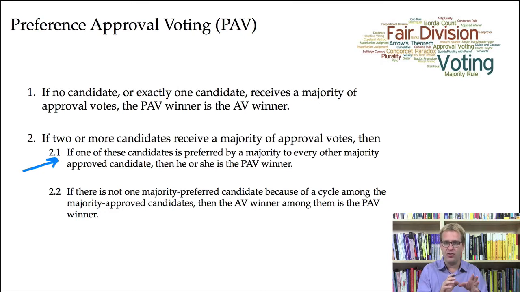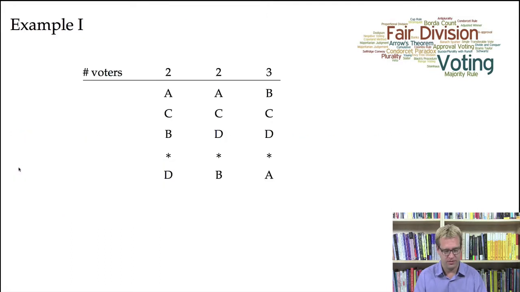If that Condorcet winner exists, then elect that candidate. If not, that means there's a cycle among the majority approved candidates. You elect the candidate that receives the most approvals among the majority approved candidates. So it's a little bit of a complicated system, but let's look at an example to illustrate these two situations.